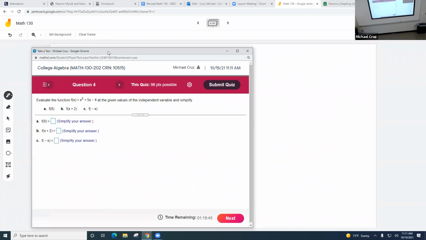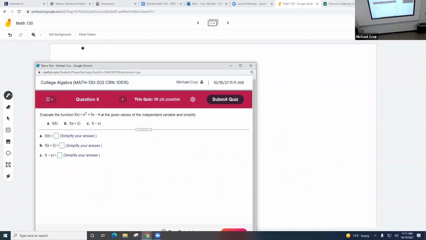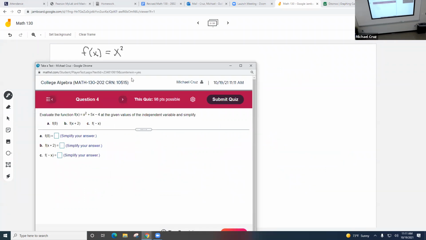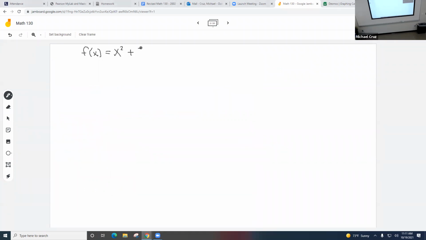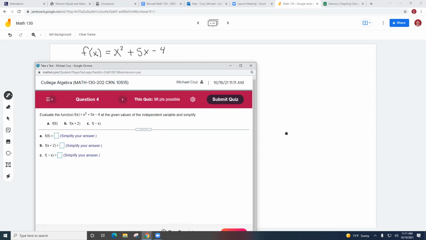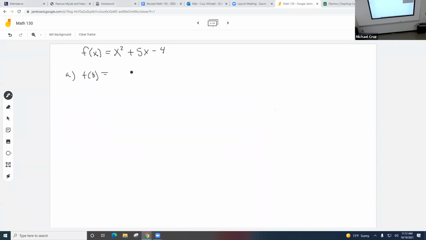All right, so here we've got f of x is equal to x squared plus 5x minus 4. The first thing was find f of 8. What does that mean? You plug in 8 into all the x? Yeah, that's all there is to it. As a matter of fact, with all of these, it just means put that value in place of x.